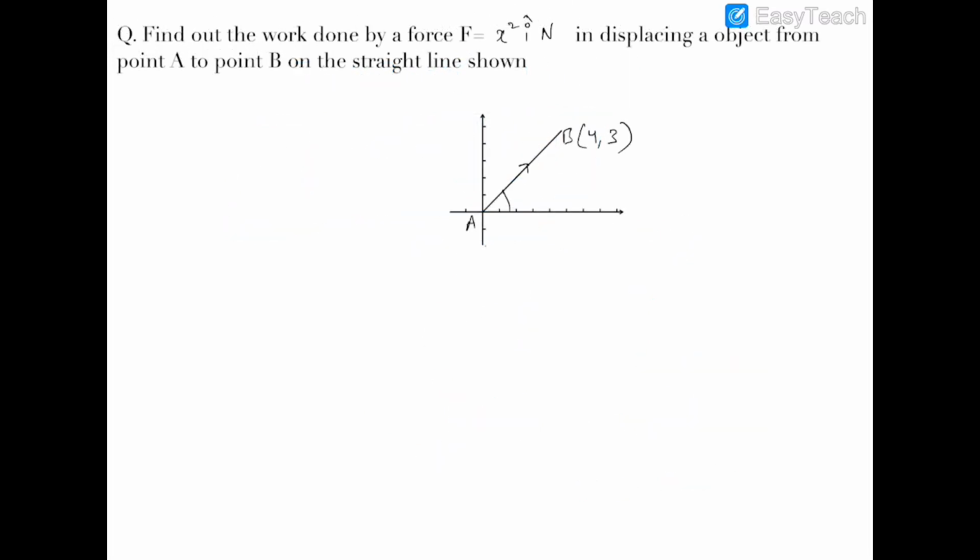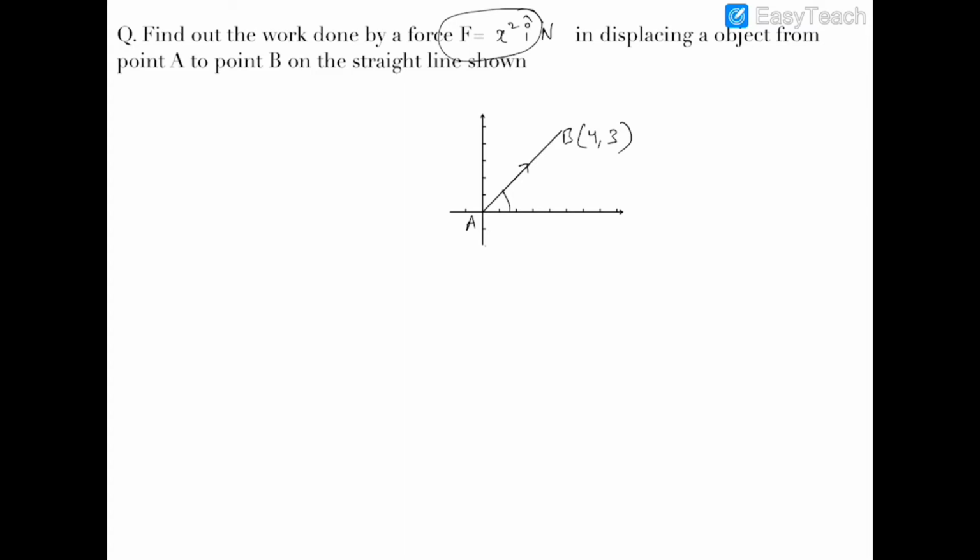In this question, the force which is given to us is F is equal to x square i cap, and we need to find out the work done in displacing our object from point A to B on this straight line. Now we know that this force is pointing in the x-axis.